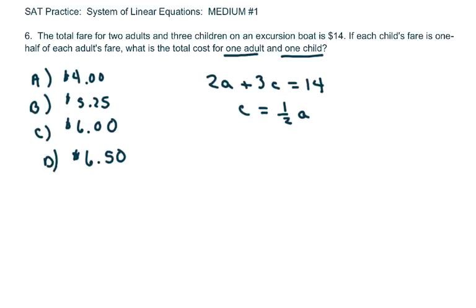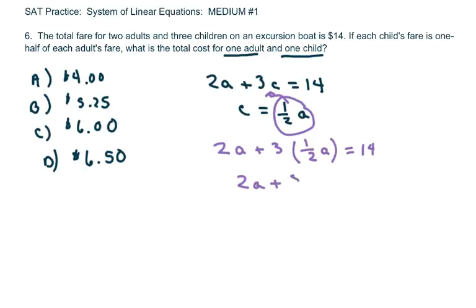And I'm going to use substitution and substitute this C into here and get my A. So I get 2A plus 3 times C, and my C now is 1/2 A, equals 14. So this is 2A plus 3 over 2 A equals 14.